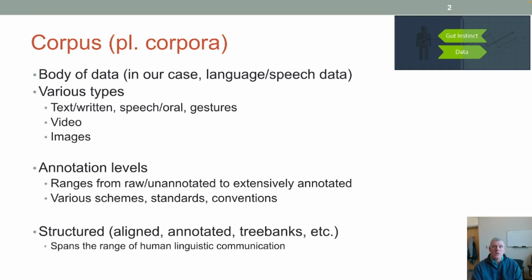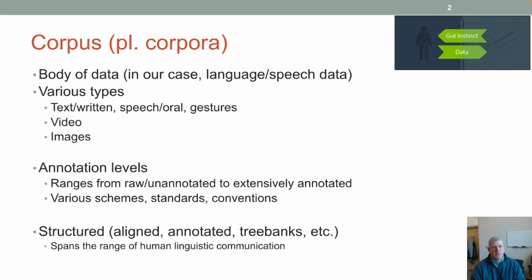You can also have videos, a collection of videos, that's a corpus as well, or even a corpus of images. And you can have various levels of annotation, that is extra information that is given with the corpus. It can be from just raw, unannotated, that is no annotation at all, to a lot of annotation to help the researcher or the user of the corpus to know what the different files are and how to use the corpus.